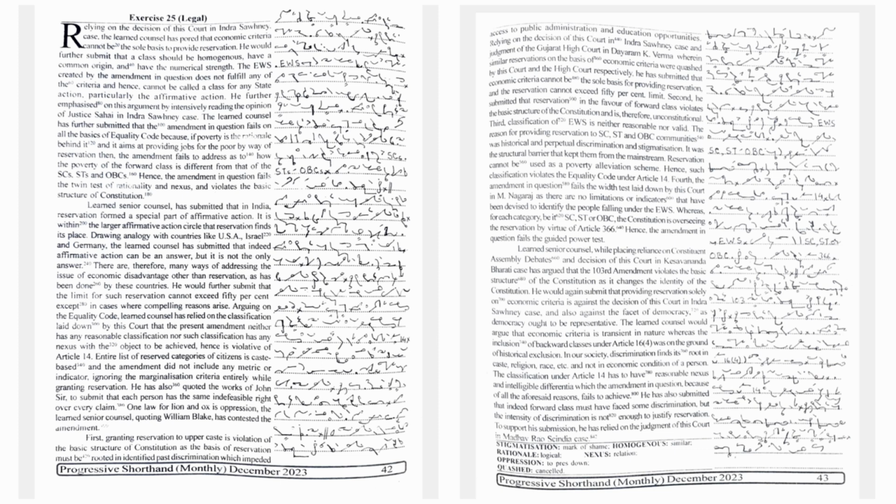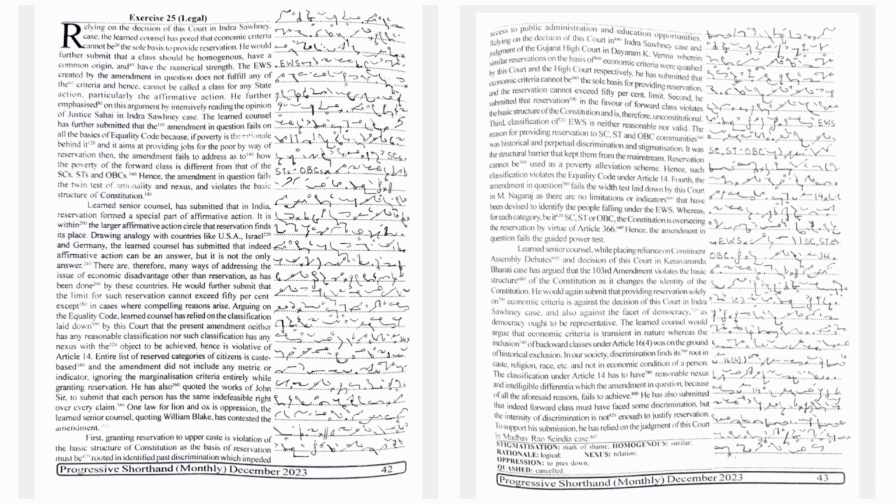Second, he submitted that reservation in favor of the forward class violates the basic structure of the Constitution and is therefore unconstitutional. Third, the classification of EWS is neither reasonable nor valid.